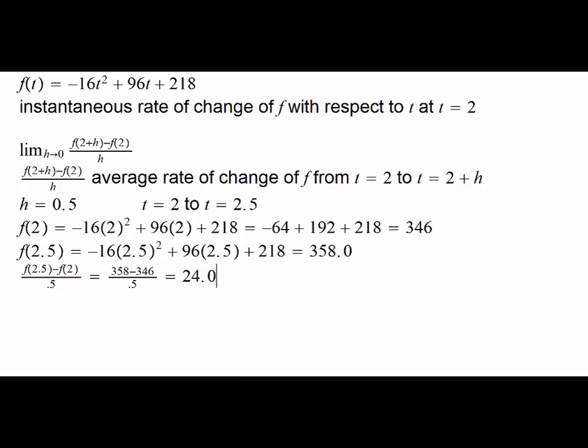Let's look at a spreadsheet of values of the average rates of change as we let this h approach 0. So let us take a set of t values that are approaching 2 by taking h smaller and smaller.